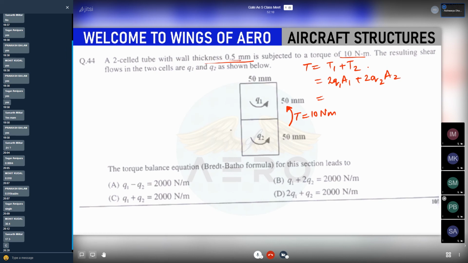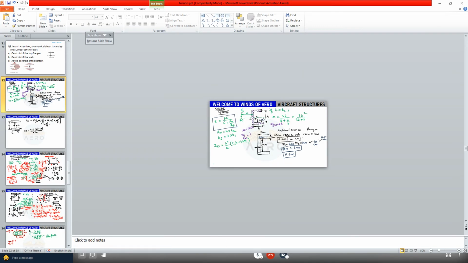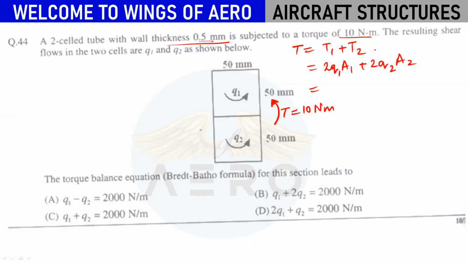Yes. So without solving also you can directly write down this answer. You know why? Because once you see the areas are the same, that means a1 equals a2 equals a. Here we have 2 into q1 and 2 into q2, so 2a will remain constant, and q1 plus q2 is on this side.